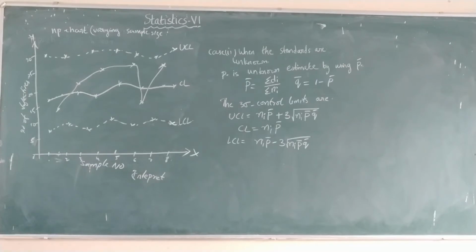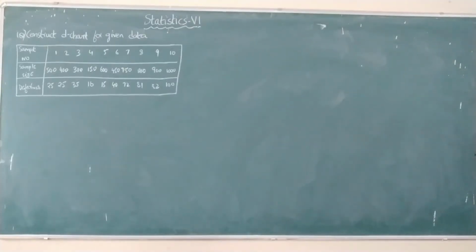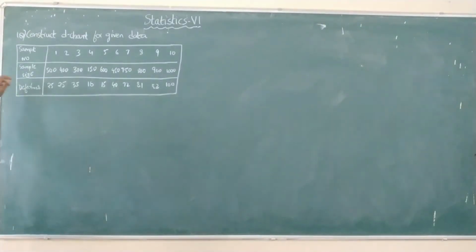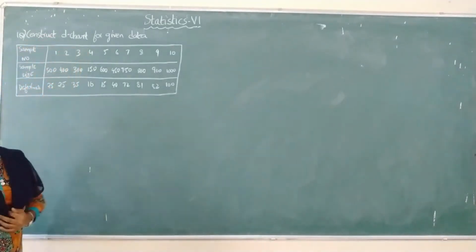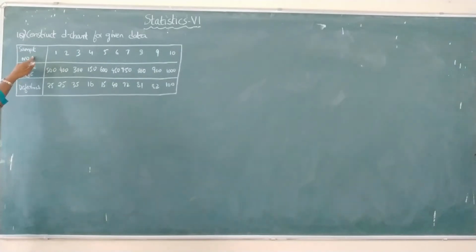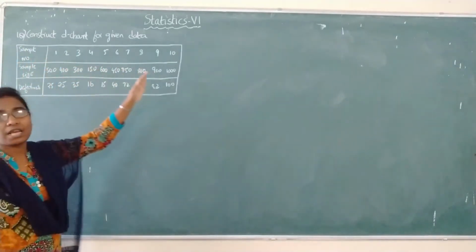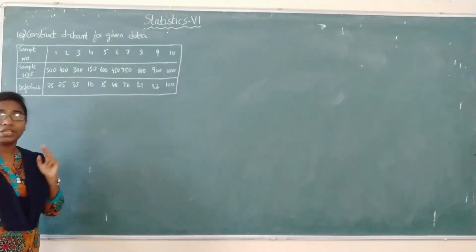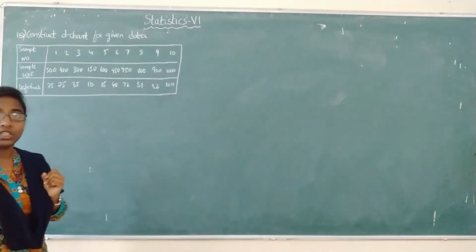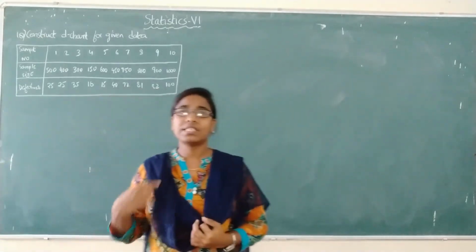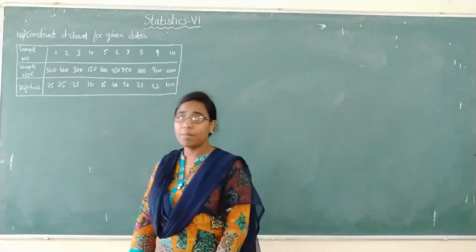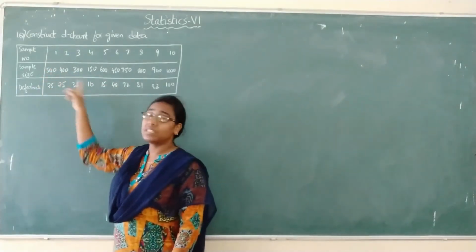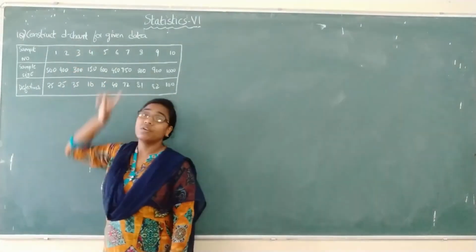Now we'll see a problem. Here we have to use the D chart for varying sample size.